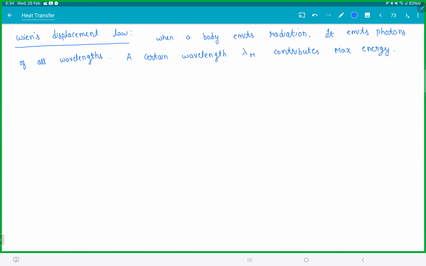So what Wien's displacement law says is that the product of lambda m and the temperature of the body is constant. This is the wavelength which contributes maximum energy. Technically, this is also called E lambda, the spectral energy density, if you remember this word: energy emitted at a given wavelength.